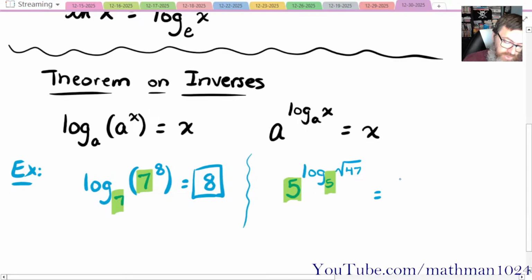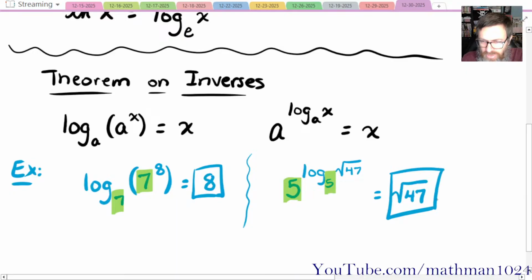They just kind of reduce away, their inverse operations of each other, and here you'd be left with the square root of 47. Now that is an exact value. Okay? Don't try to type it into your calculator and come up with some kind of decimal approximation. You only do that whenever the question asks you to do that.